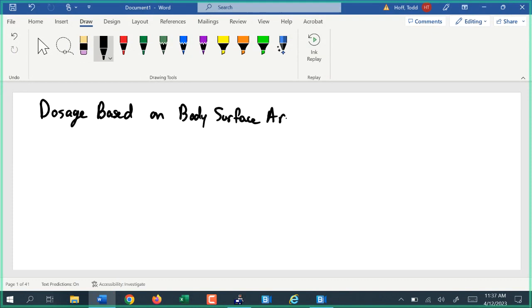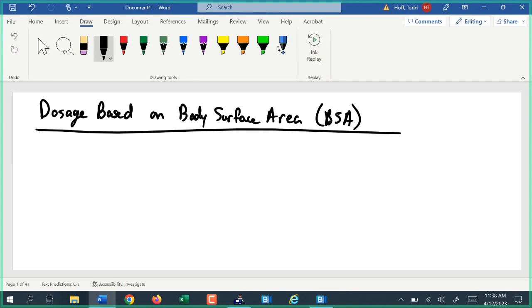I'll probably never spell out the words body surface area again. The abbreviation is simply BSA. So let's review an example of body surface area here.